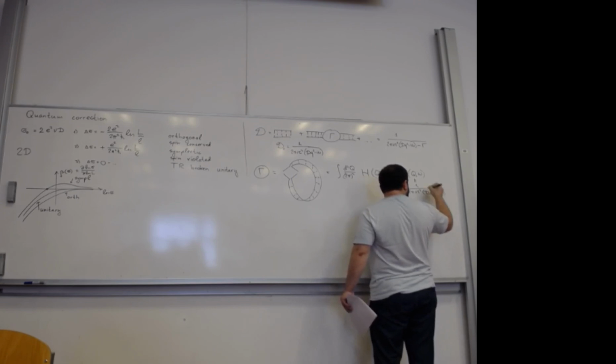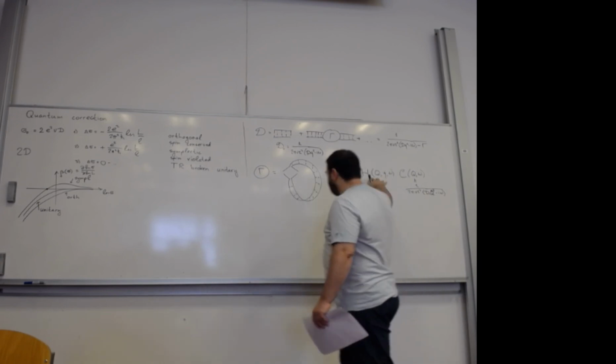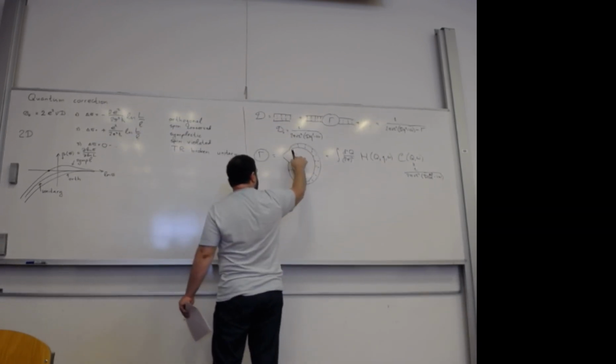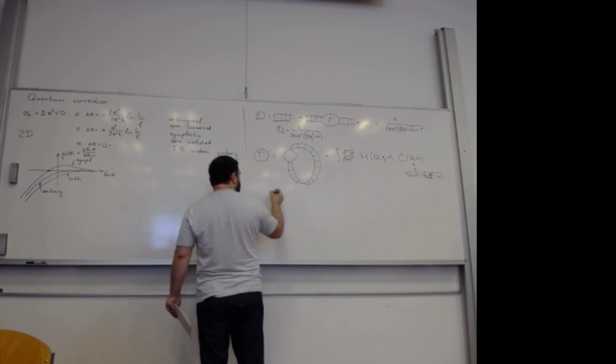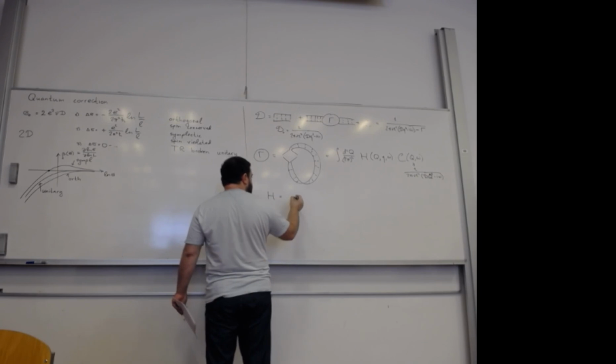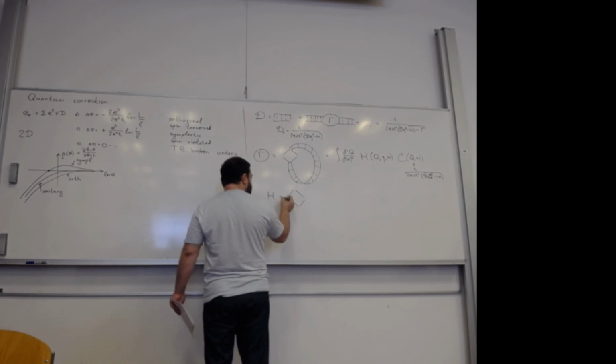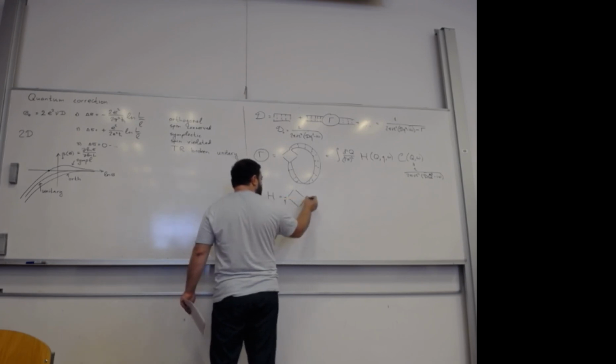And the interesting thing is this Hikami box, which is these four Green's functions here. So the Hikami box H is the sum of two contributions. One contains four Green's functions with small momentum q going this way and momentum capital Q going this way.